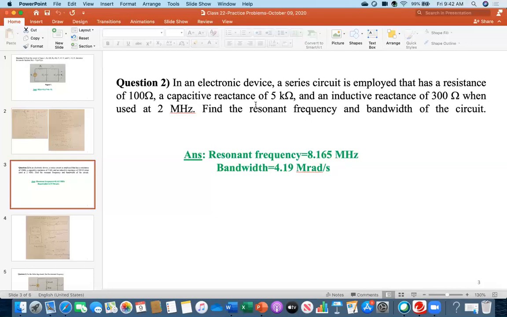You have to take care about capacitive reactance and inductive reactance, because those are given in terms of ohm. And then frequency f, this is the value of f, 2 megahertz. Keep in mind, this is not omega, this is frequency f, because omega is expressed in radian per second. Normal frequency is always expressed in hertz, in this case megahertz. So here is the hint.